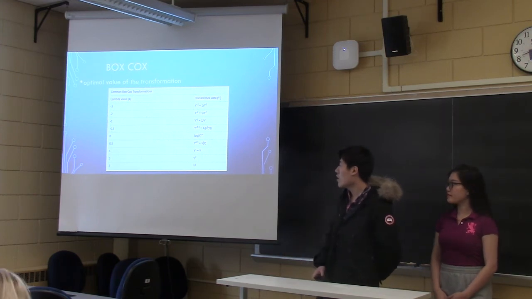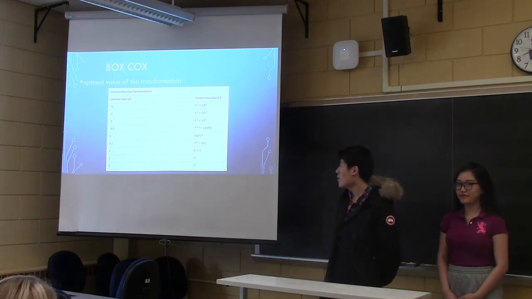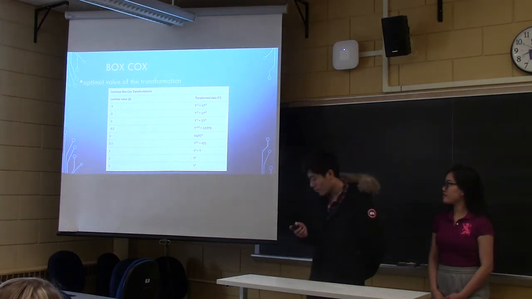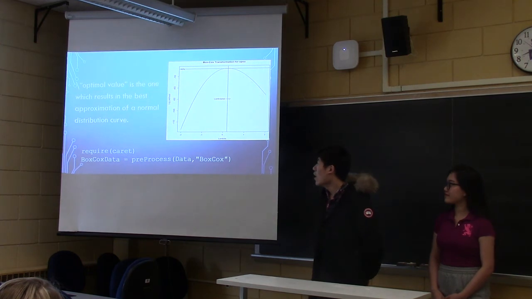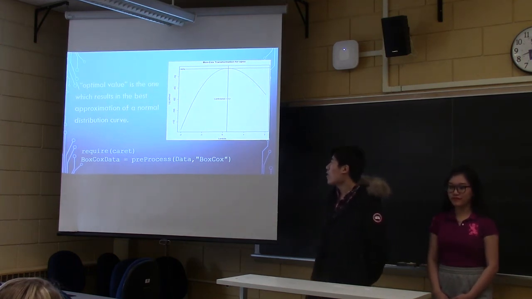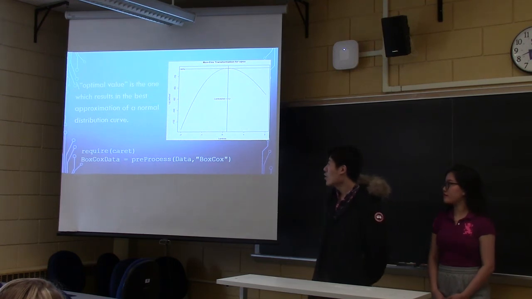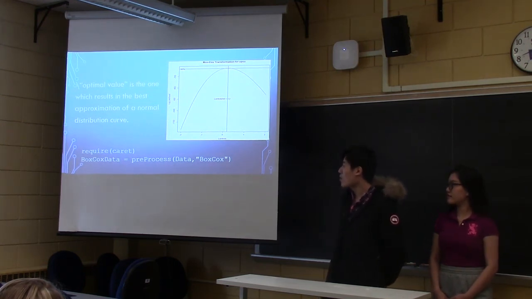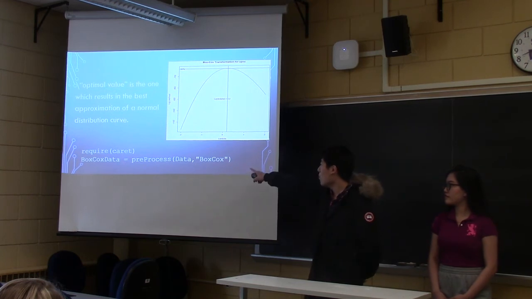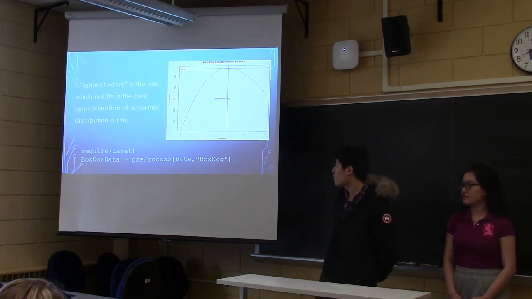If lambda is 2, we use the square, and if lambda is 3, we use the cubic. The optimal value is the one that results in the best approximation of a normal distribution curve. In R, we use the function for the Box-Cox curve on the data, and it will automatically give you the bell shape.